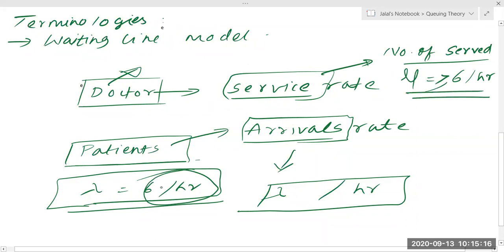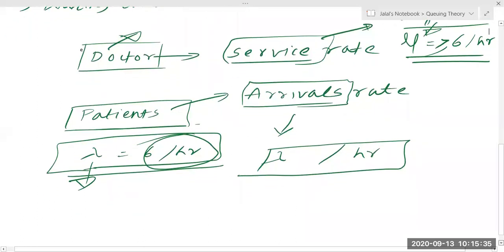Now again I am going to tell you, this lambda, which is arrival, and mu, which is service, are not actually the 6 and 6 that I have written. This is not an exact value.